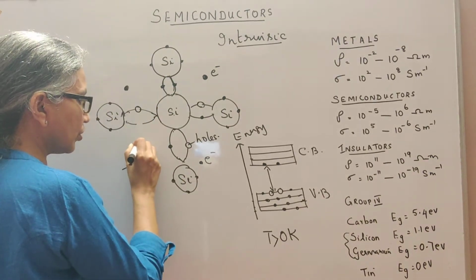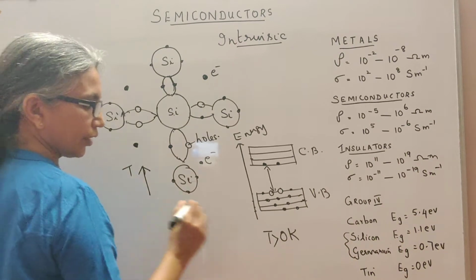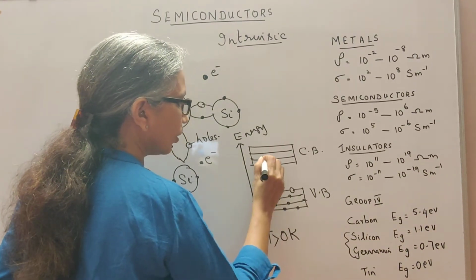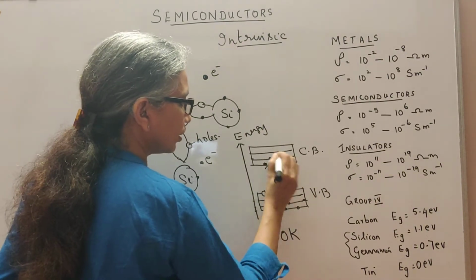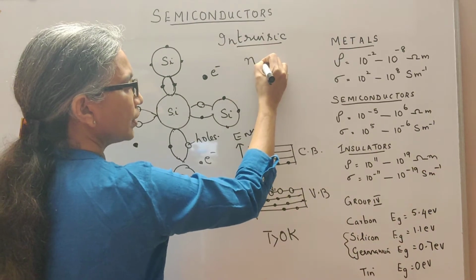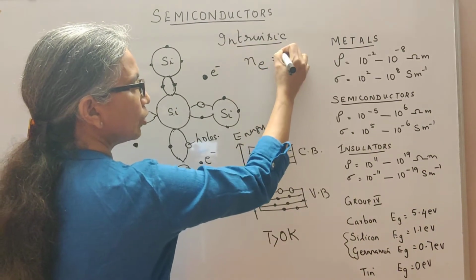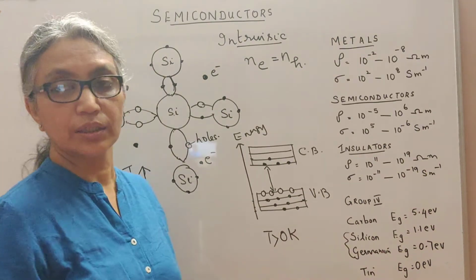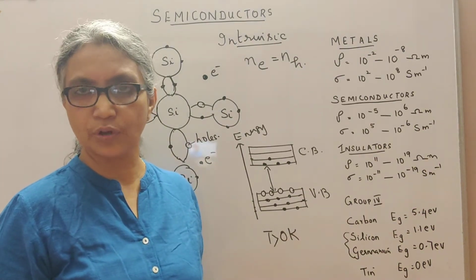If 4 electrons are free, we have 4 holes, meaning 4 electrons in the conduction band. So in an intrinsic semiconductor, the number of electrons is always equal to the number of holes.